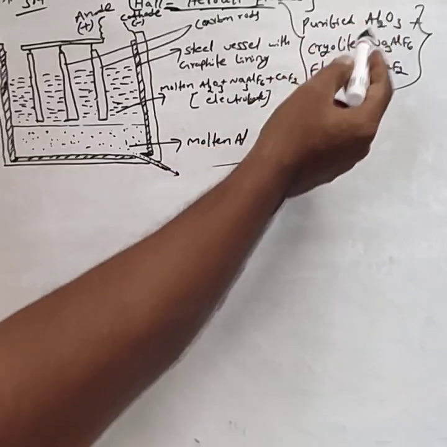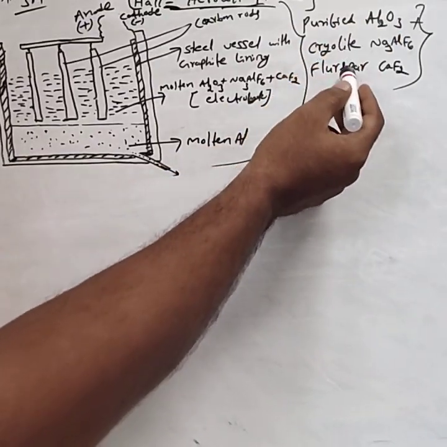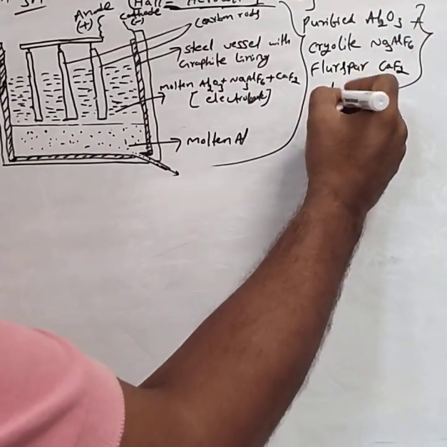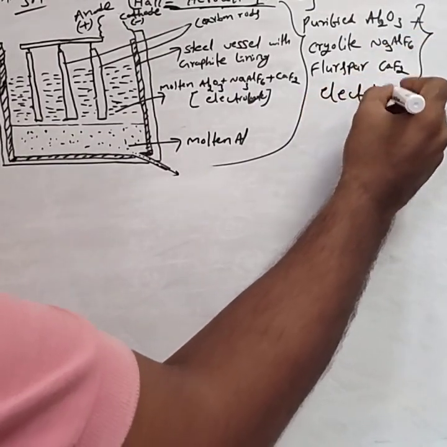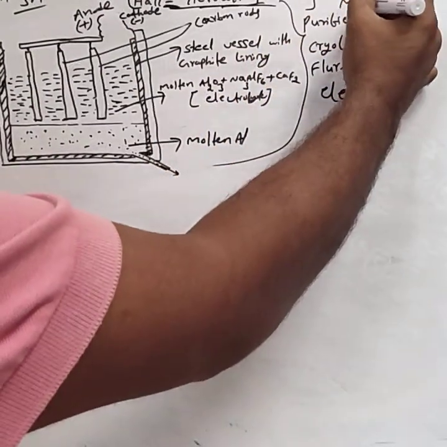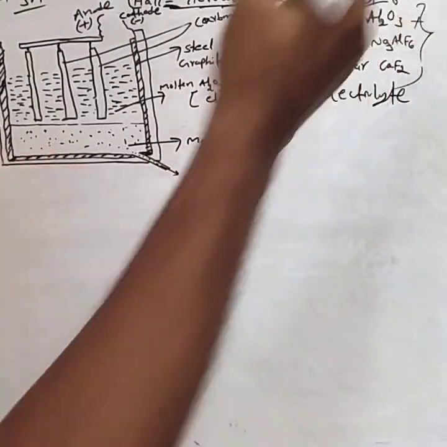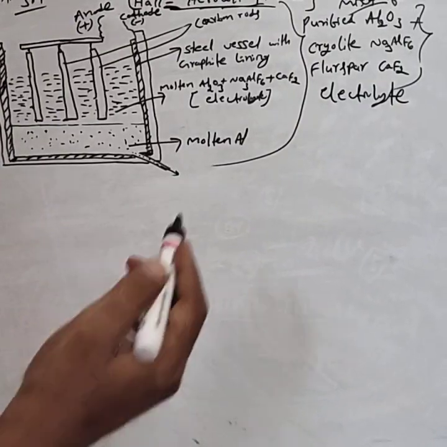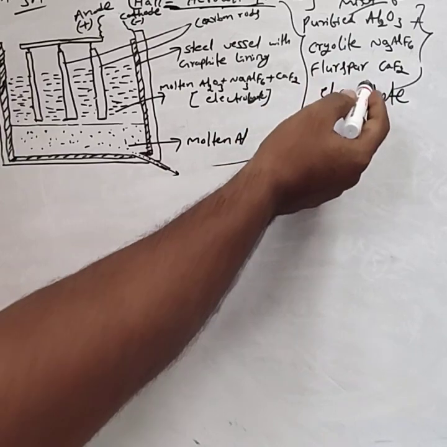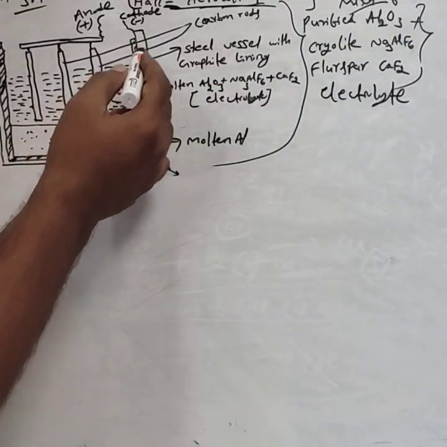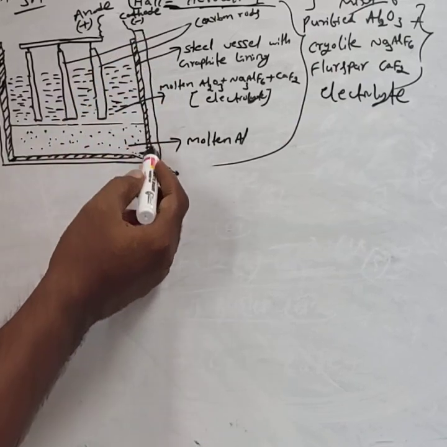This mixture of purified alumina, cryolite, and fluorspar serves as the electrolyte, taken in a steel tank.